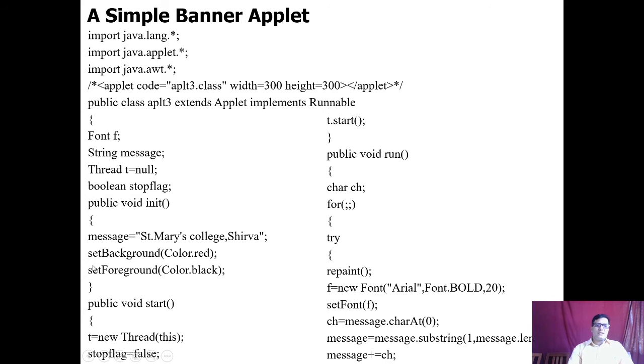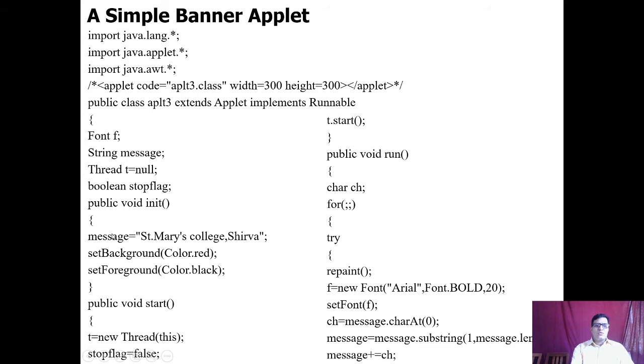In the string message, as we already know, whatever content you place in double quotation marks acts as a string. So within the double quotation marks I have placed St. Mary's College, Sherwood. This is the string I am storing in the message variable, and this is the built-in method setBackground(Color.red). Automatically the background will be assigned as red, and setForeground(Color.black). In a red background, the content will appear in black color.